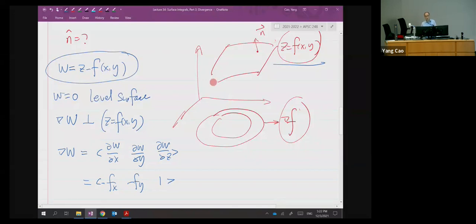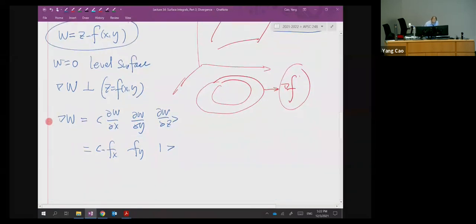The reason we call it level surface is that this is the level surface for the w function when w equal to 0. And this is your candidate n here. Then you normalize the n, you get your n hat.